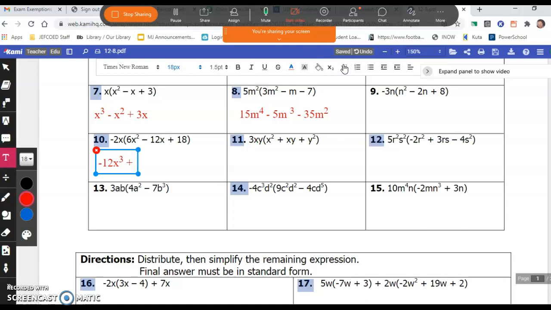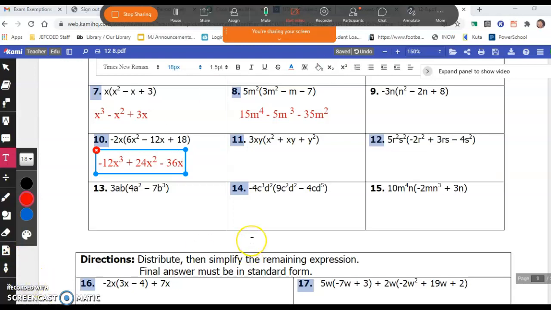That's going to be positive what? 24x squared. Okay? And then we have a negative 2 times 18 is going to be what? Negative 36x.